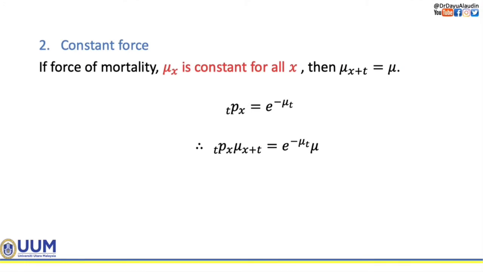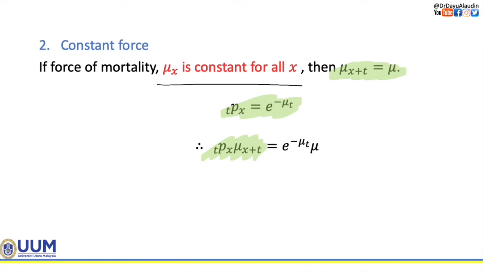Second law, constant force. If force of mortality mu x is constant for all x, then mu x plus t is equal to mu. So mu is constant. So for the TPX, e negative mu t, therefore TPX mu x plus t is equal to e negative mu t times mu.